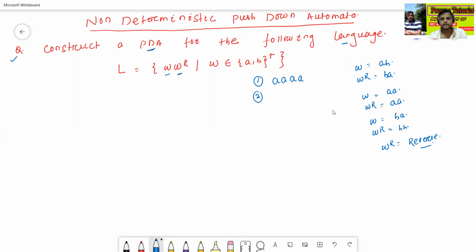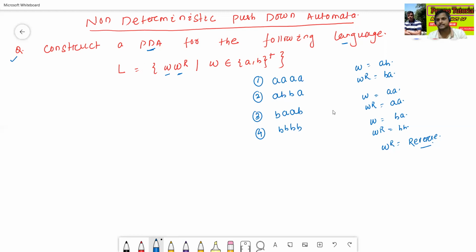The second one, if W equals AB, the string looks like ABBA. Third scenario, if W equals BA, the string looks like BAAB. If W equals BB, the string looks like BBBB. So in this case, there is no identifier.